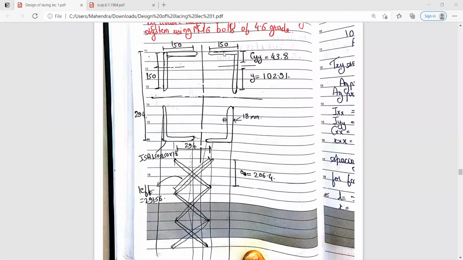Yes, Roshan, Abhishek, completed. Mayur, done with the diagram.